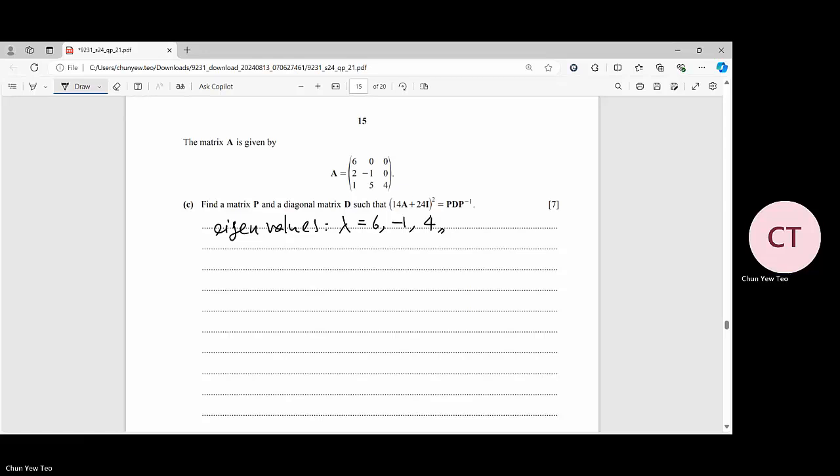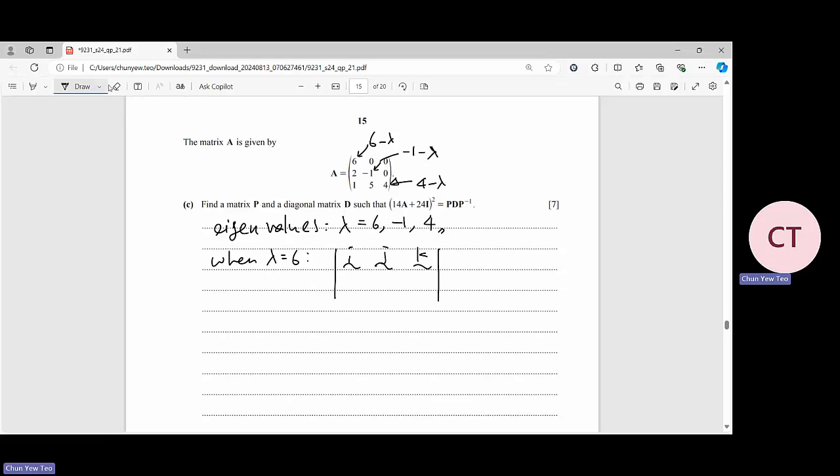To find the eigenvector when lambda is 6, we use i, j, k. So over here, you have 6 minus lambda, then negative 1 minus lambda, then 4 minus lambda.